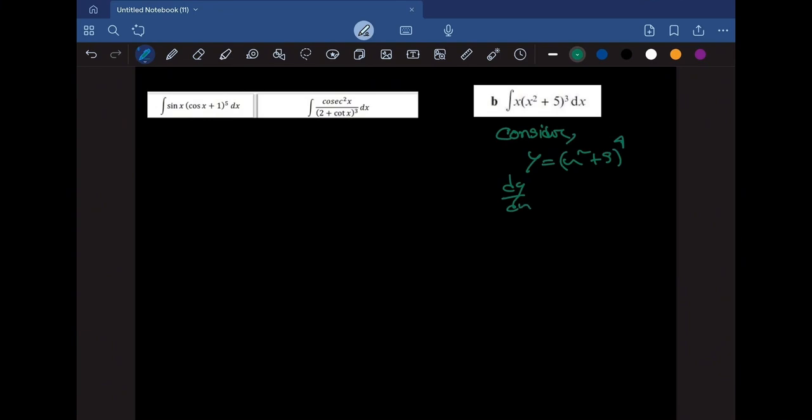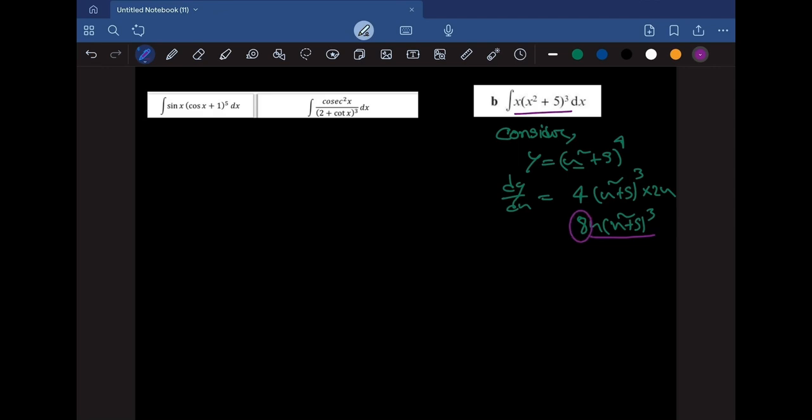So dy by dx is equal to 4 times x squared plus 5 cubed into the differential, which is 2x, by multiplying this. So it becomes 8x times x squared plus 5 cubed. So there is no difference between it, right? Just a difference of this 8.